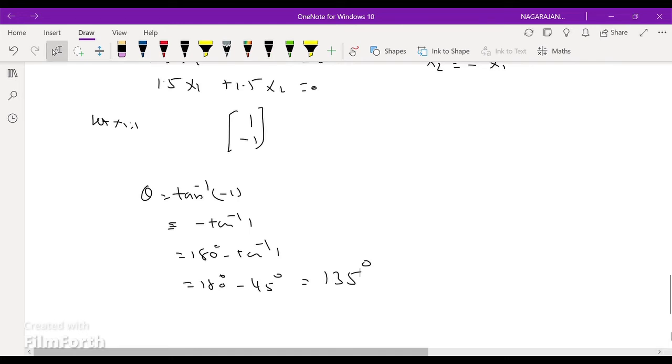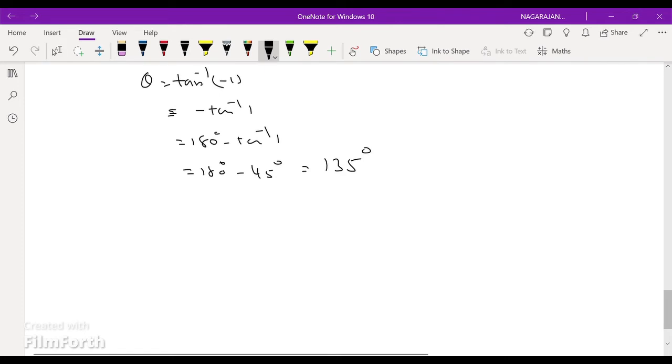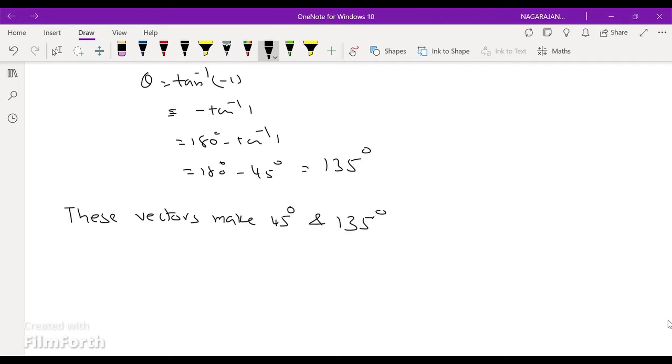So these vectors make 45 degrees and 135 degrees angles with the positive x1 direction. They give the principal directions.